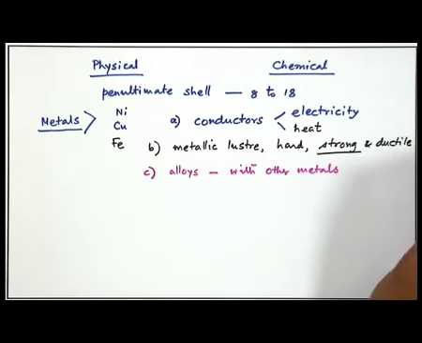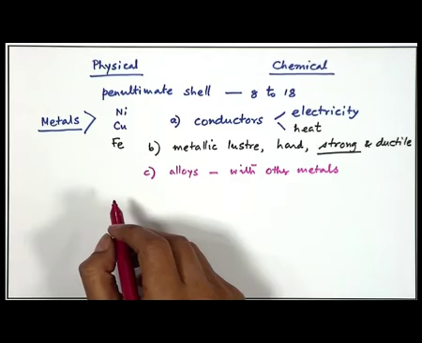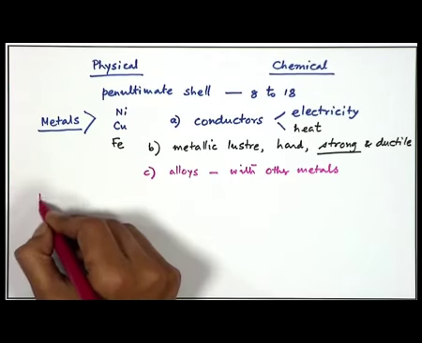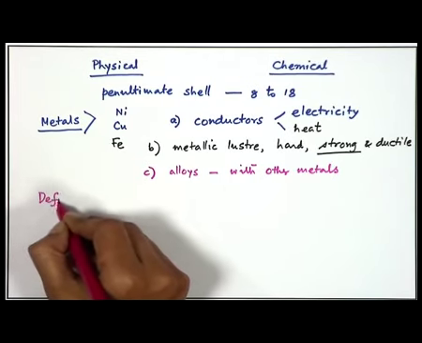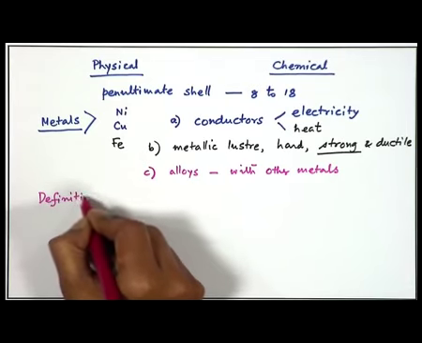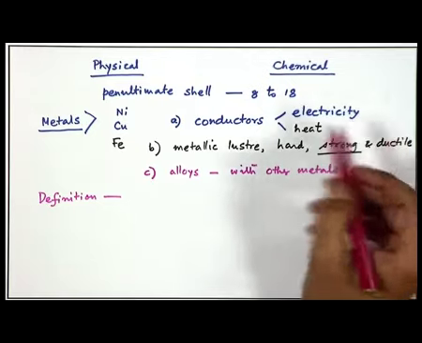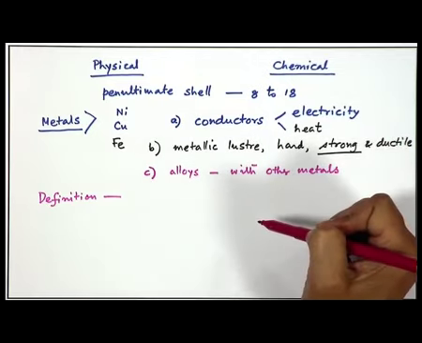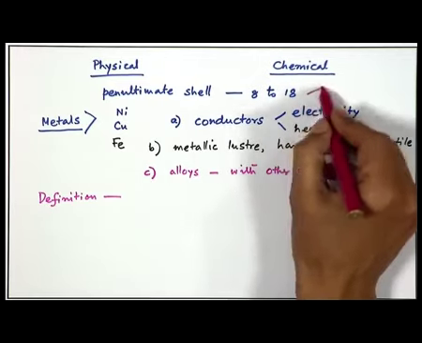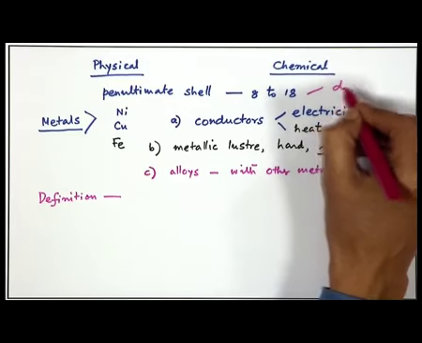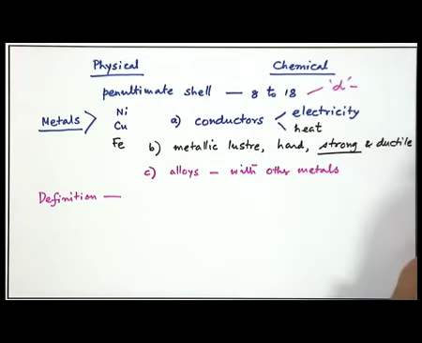So, this group of elements, how can we define them? We just go for now the definition, because the definition will consider all the species which will be there, if we have the d electron configuration.